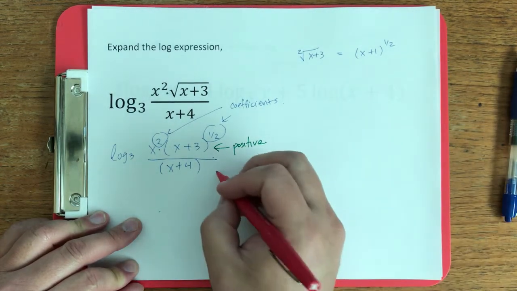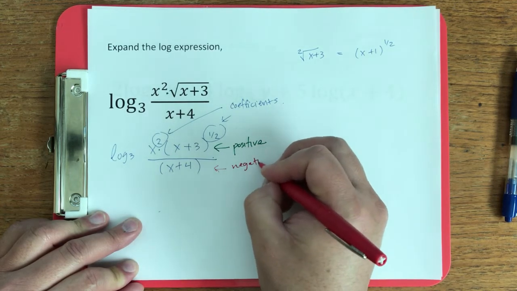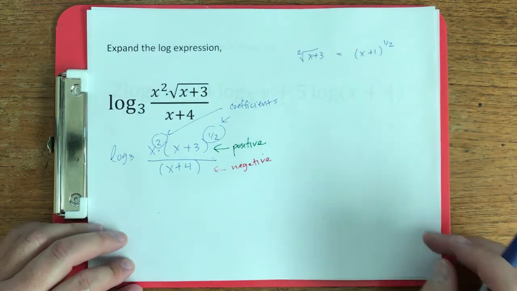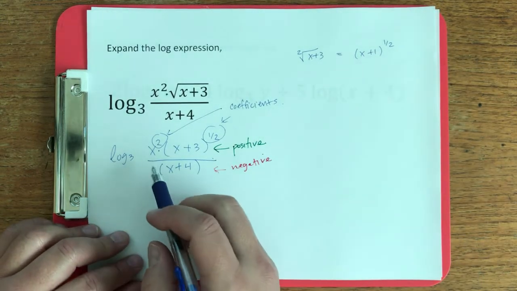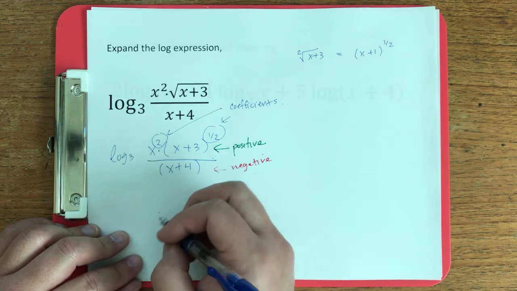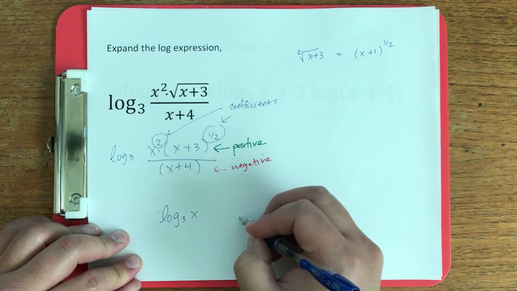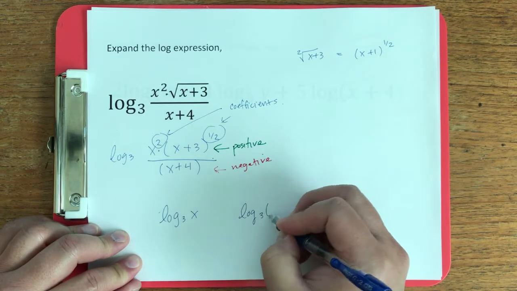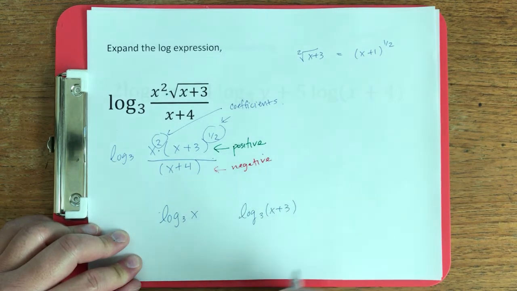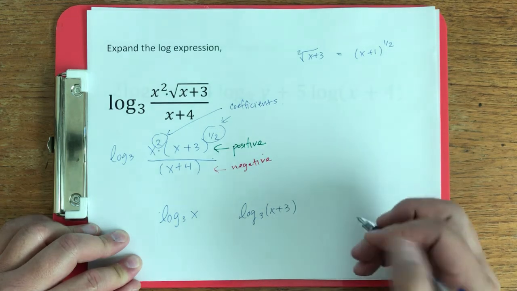Anything that's in the denominator will be negative. Okay. Now, let's separate everything that is separated by a multiplication on top. It's important that you put the parentheses here because if you didn't, the log would only apply to the x.